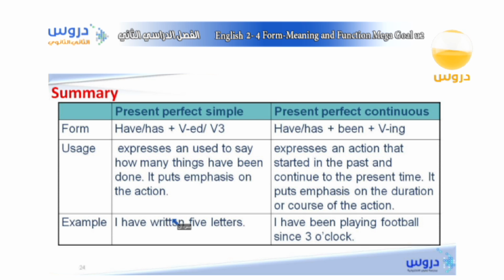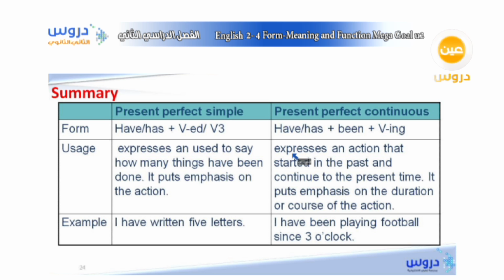But when we want to emphasize the time, we can use present perfect continuous or present perfect progressive. We use have or has plus been plus verb-ing. We have to put verb-ing to show it is continuous.